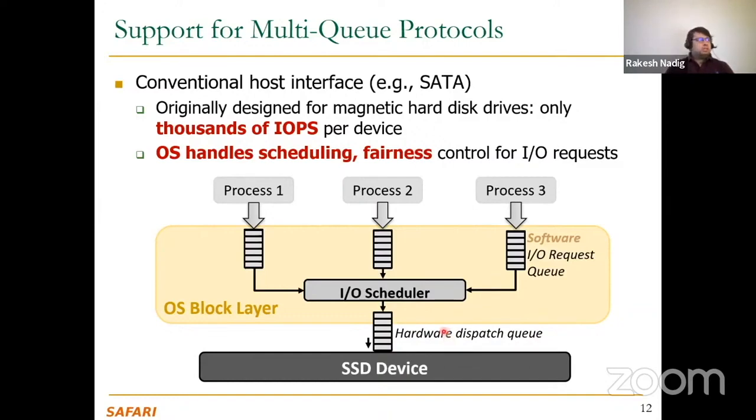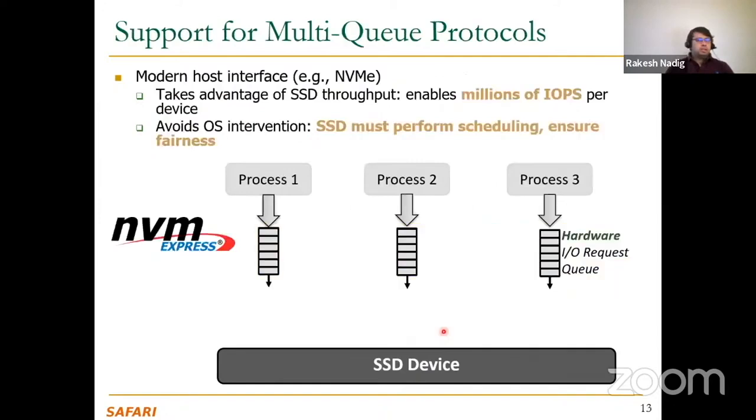So to make the performance better, a few years ago, the NVMe protocol was introduced, which basically introduces multiple queues. And so there are many queues for each process to use, and it takes advantage of the SSD throughput and enables millions of IOPS per device.